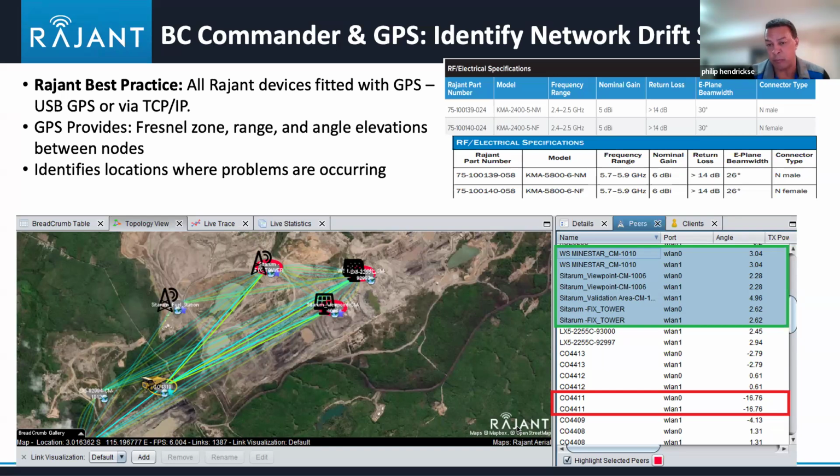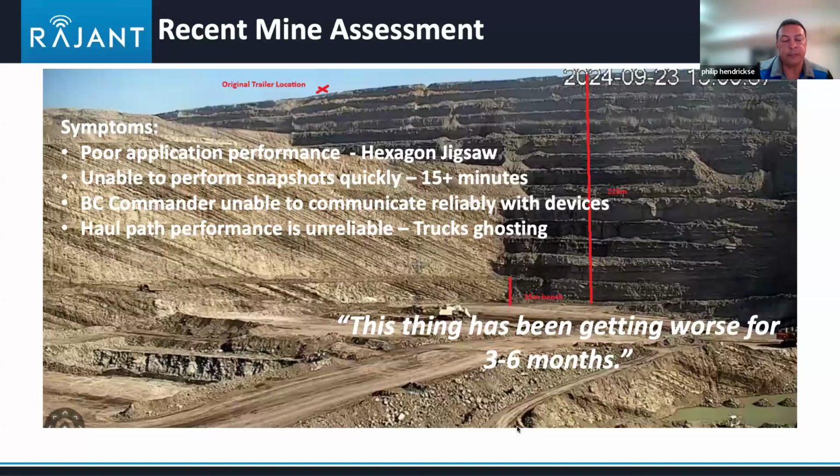At the moment, it's sitting at a maximum of 4.96 degrees. That tells us that we are in the prime part of the elevation beam width of the antennas, and there's a good chance that we're going to have very good SNRs on those particular channels. So keep in mind the angle and also the elevation beam widths. Let's go on to the next slide.